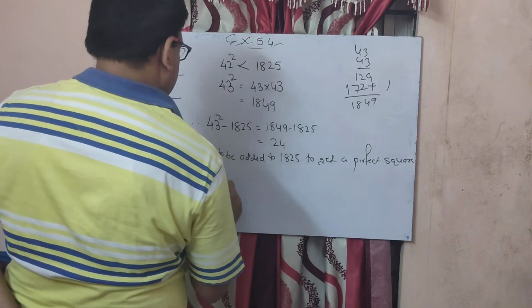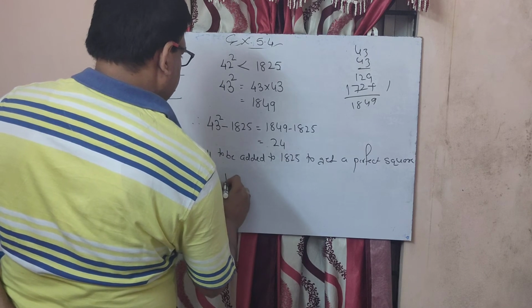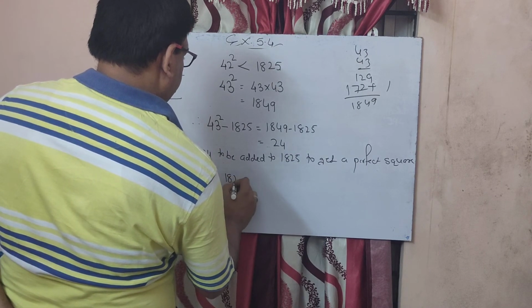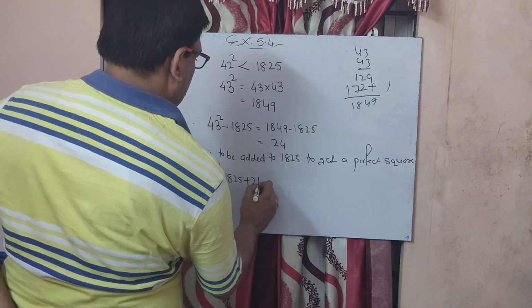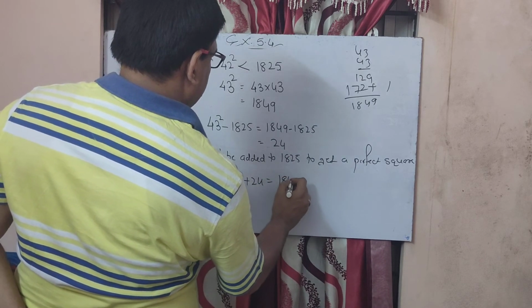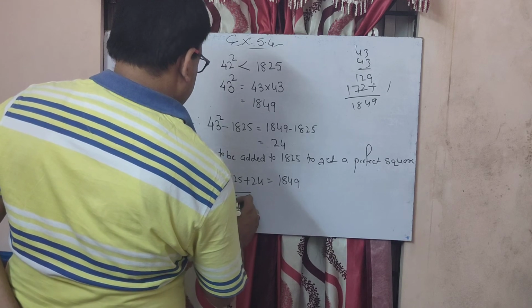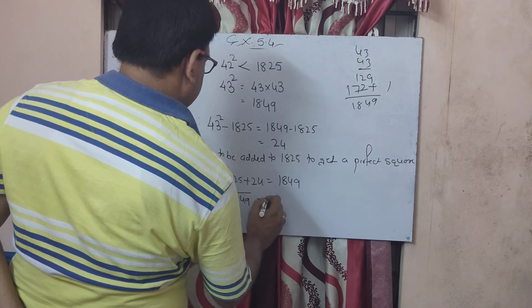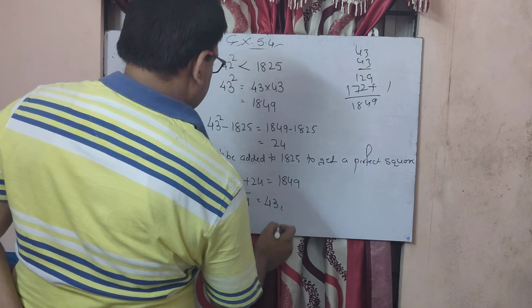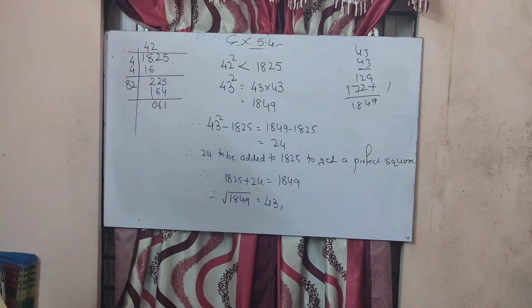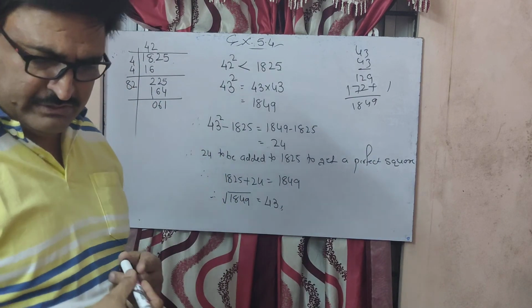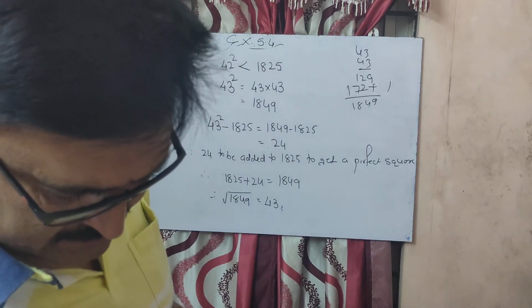That is 1825 plus 24, that is 1849. Therefore, the square root of 1849 is 43. This is the way you have to do it.